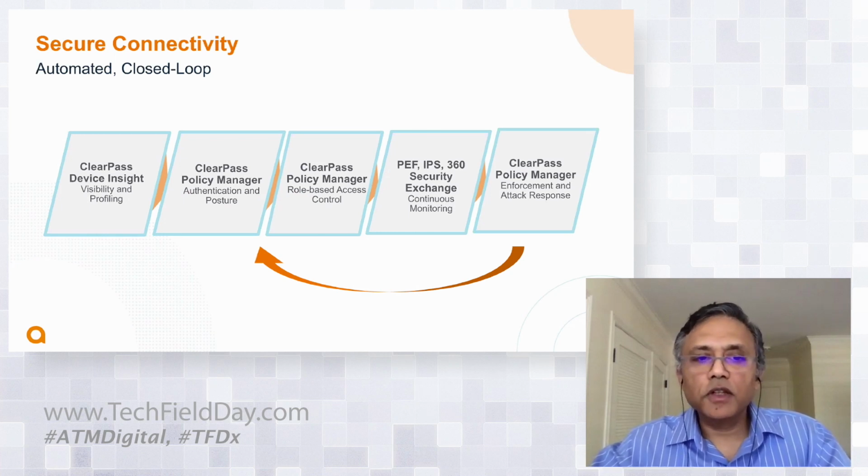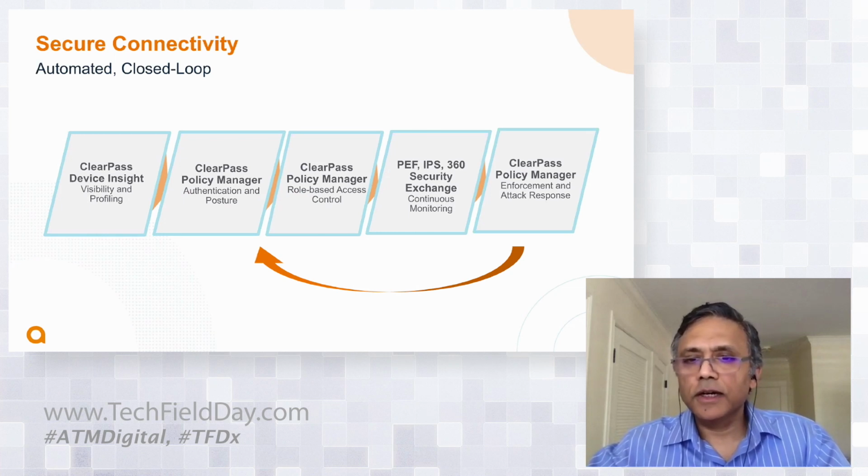Of course, now with the Policy Manager, you can write policies both to authenticate those users and devices, and then assign them to roles based on the same policies, and then use those roles to decide the access authorization for those devices and users.